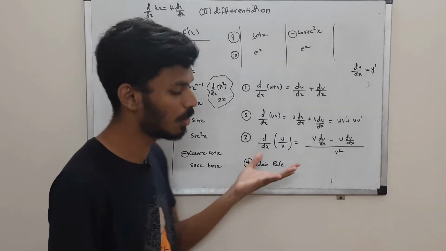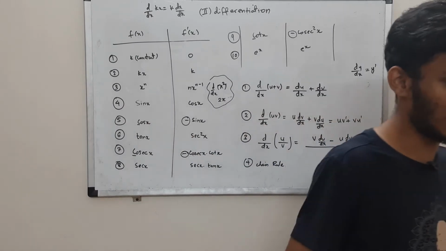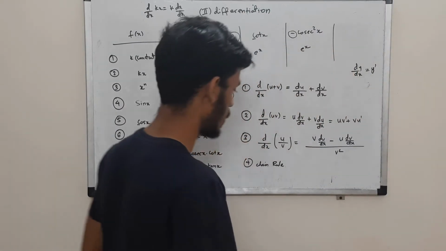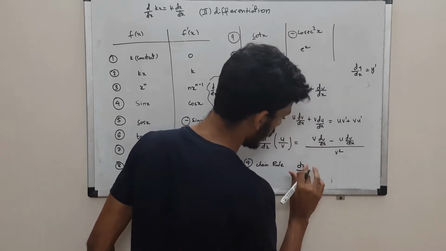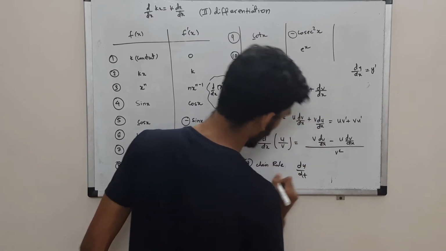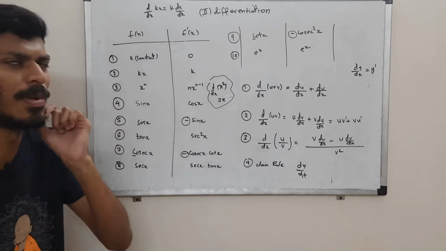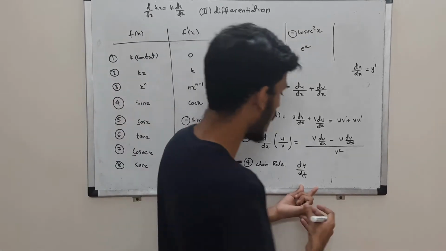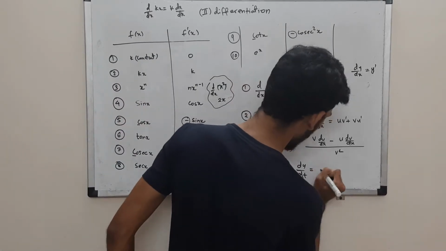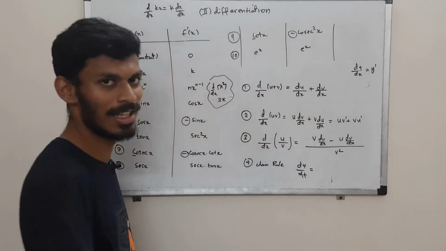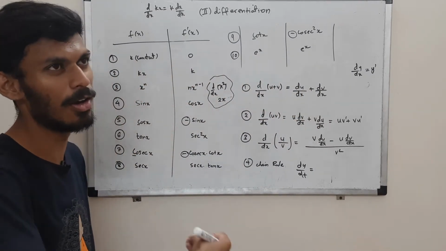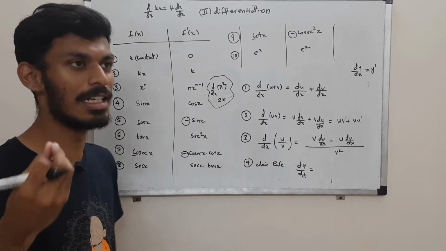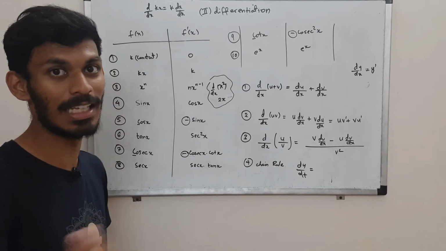And finally, the chain rule, which I can show you only by doing. Suppose you have dx by dt. Usually we differentiate with respect to x only, but you might be asked to differentiate with respect to t, like acceleration and all. It's the rate of change of velocity, dv by dt, or your velocity itself is the rate of change of position, dx by dt.